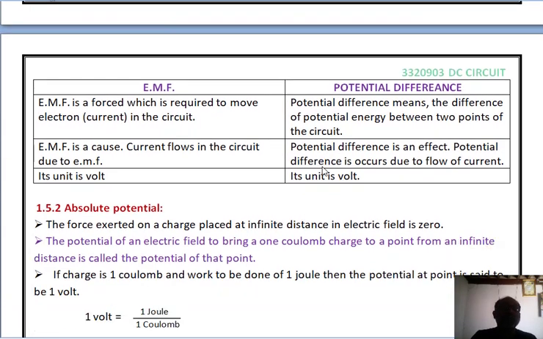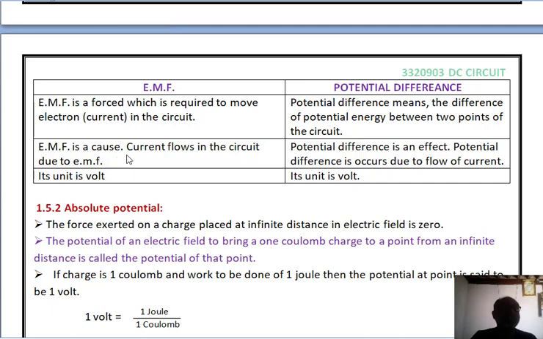Now what is the difference between EMF and potential difference? EMF is a force which is required to move or transfer the electrons, that means current or charge, in the circuit, and the potential difference is the difference of potential energy between 2 points of the circuit.